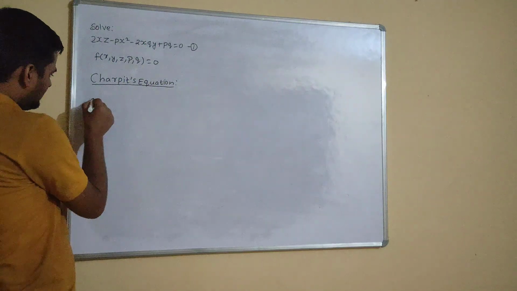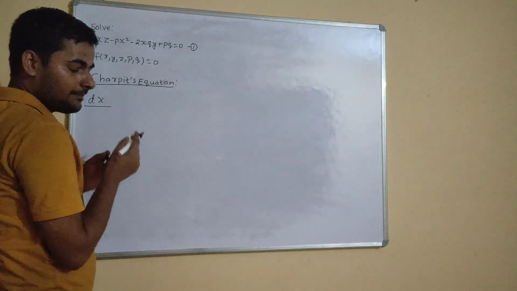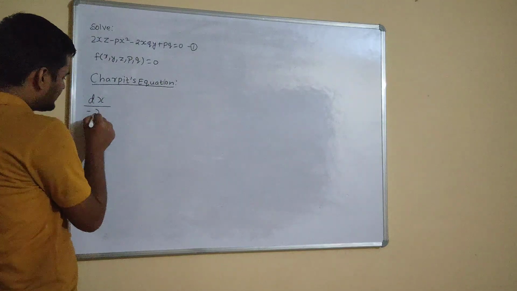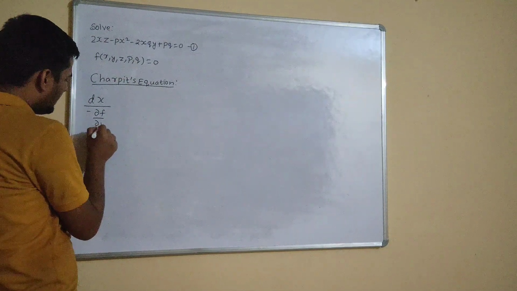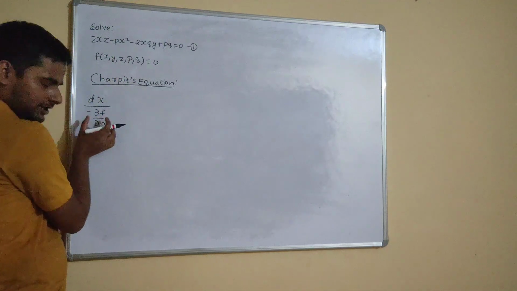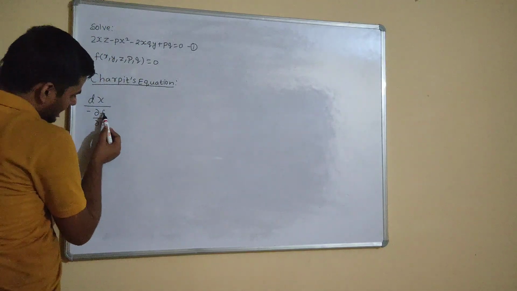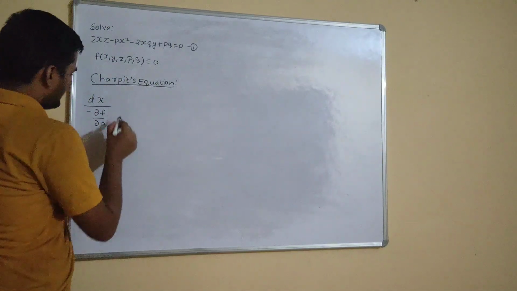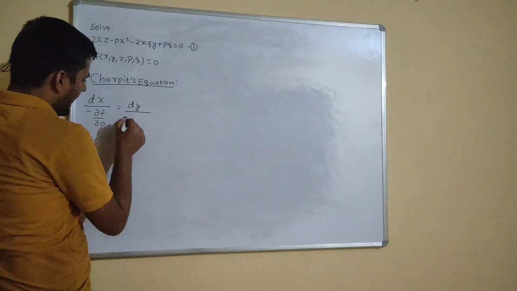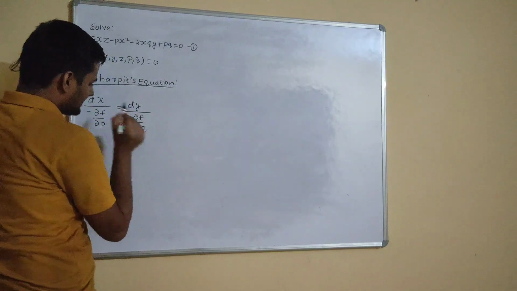So how to write that? dx divided by, because x has affinity or love towards p, so minus del f by del p. Del f will always come in the numerator, in the denominator the numerator will always be del f, equals dy divided by minus del f by del q, because y has affinity towards q.